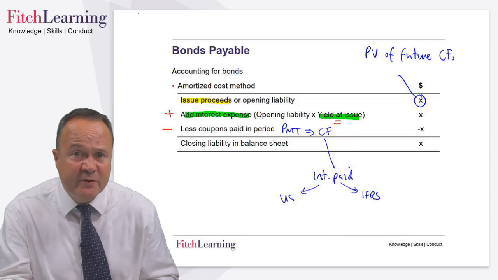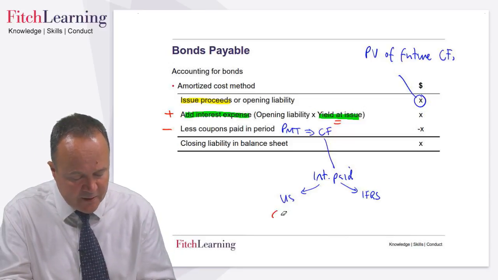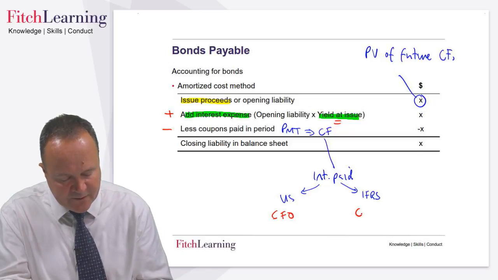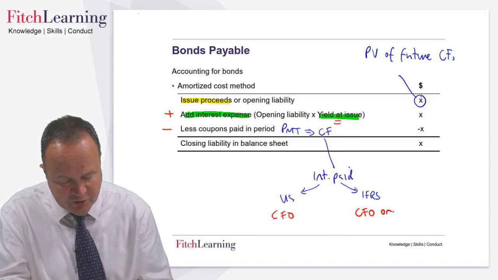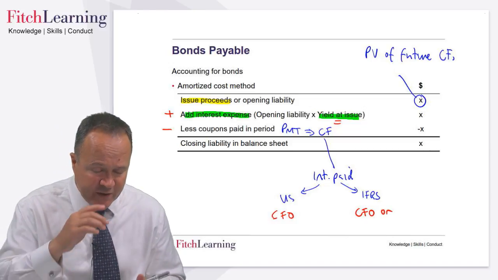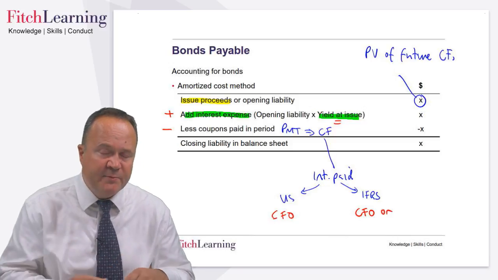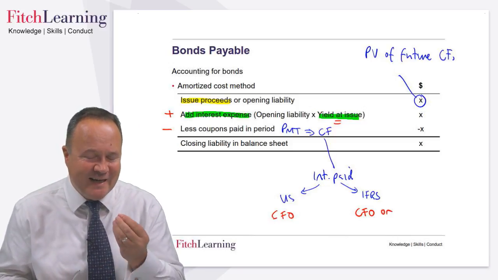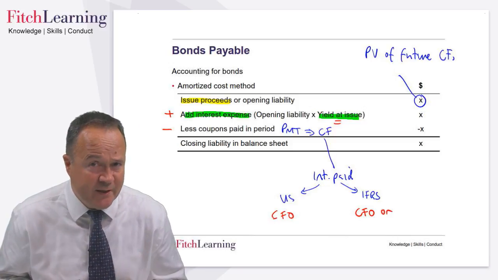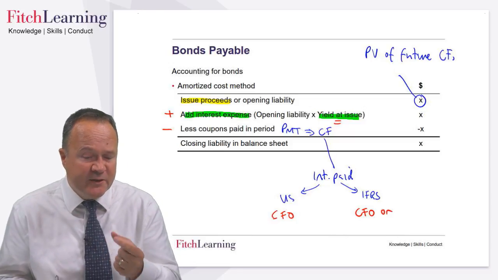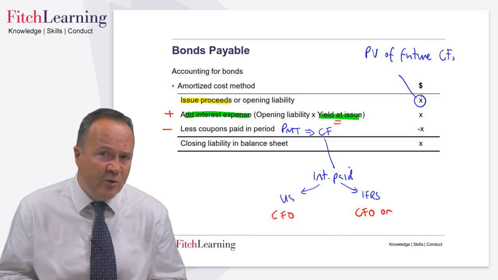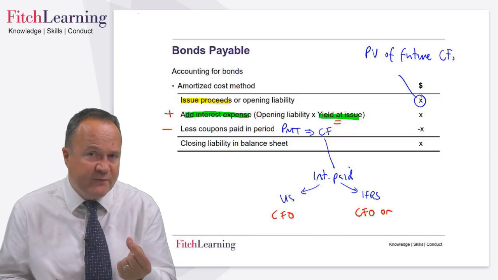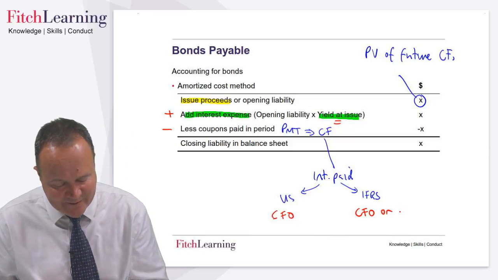US GAAP says interest paid must be CFO. IFRS says you can do the same as US GAAP if you want, or you can reclassify. And IFRS likes interest paid to be put in the same category as dividends paid. So basically you either put interest paid and dividends paid into CFO, or you put interest paid and dividends paid into CFF. Right?